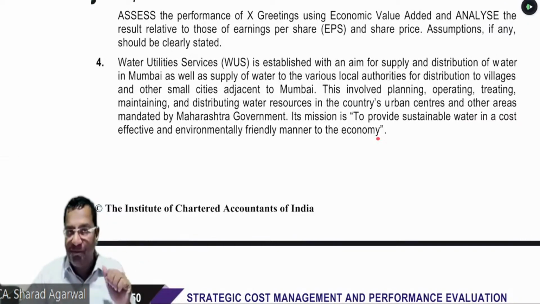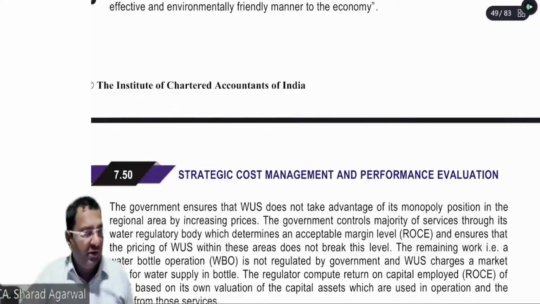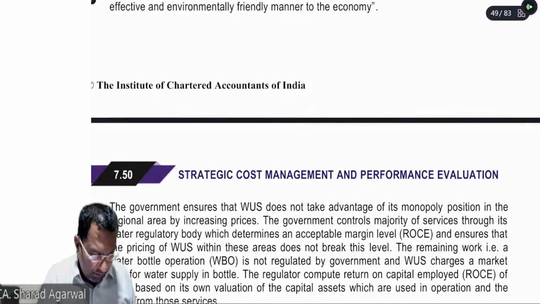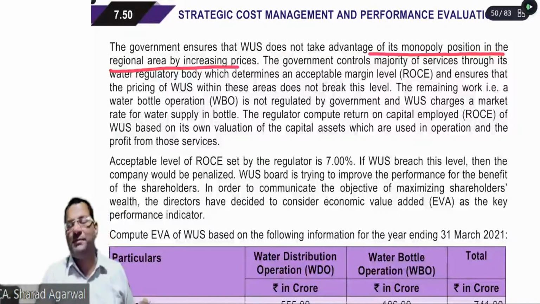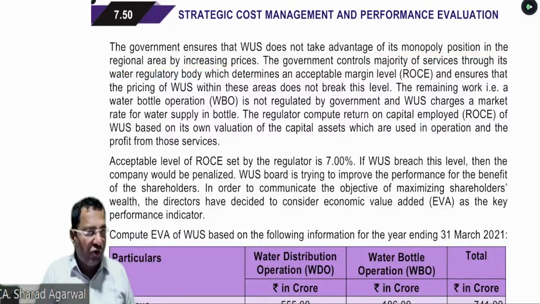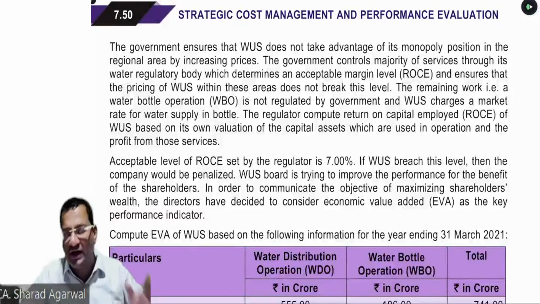Now, this is a very, very important parameter. Please read it very carefully. Government ensures that the company doesn't take advantage of its monopoly position in the regional area by increasing the price. Maharashtra government has authorized us to distribute the water and collect the water charges directly from the consumer.